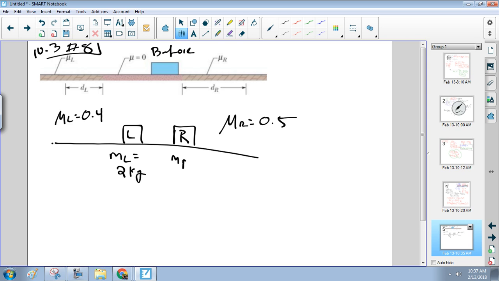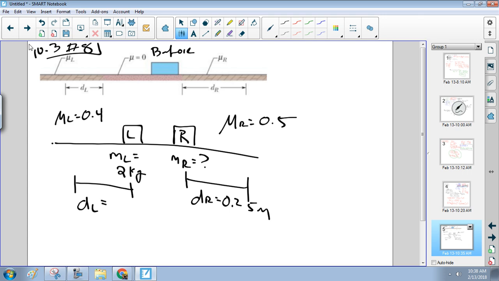The question is, what's the mass on the right? The other thing that we know is the distances they both slide. So this guy is going to slide a distance of 0.25 meters, and this guy is going to slide a distance of 0.15 meters. I think that's it. Cool?